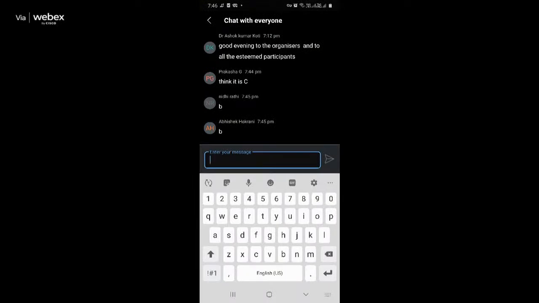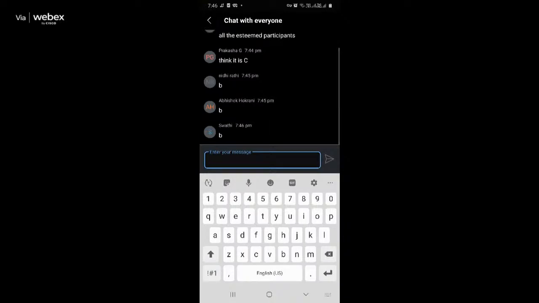If any other options come, or you who have given C or B, keep trying whether your answer is right. You can also correct and repost your answer. If you are facing a problem in solving that question, open the screenshot of the problem. Okay, majority of these are coming.